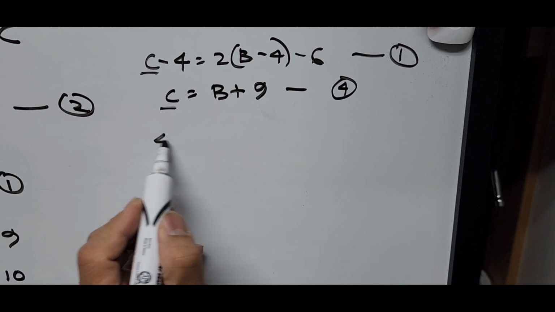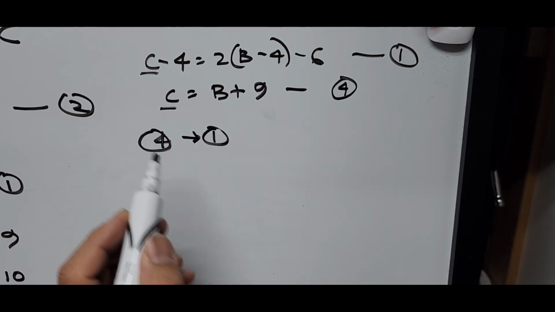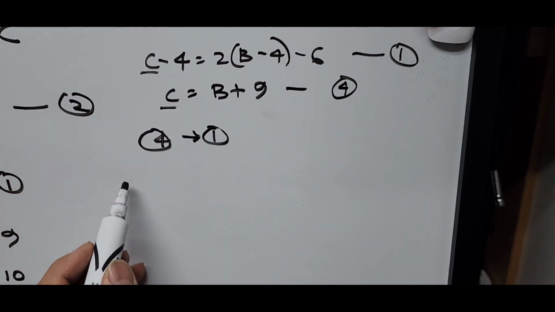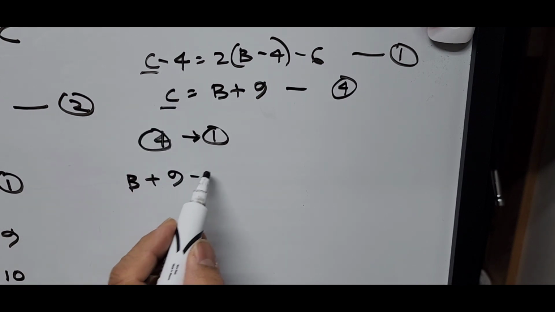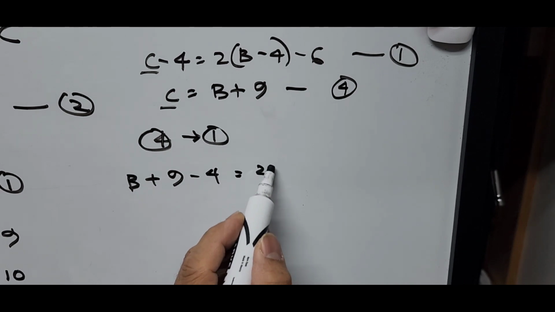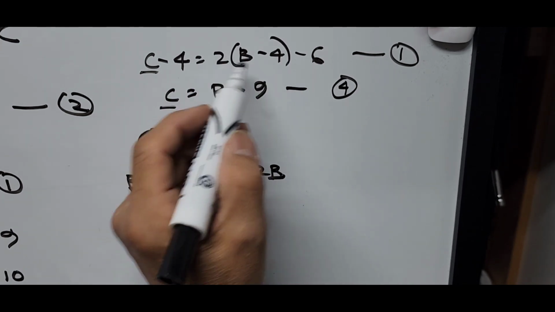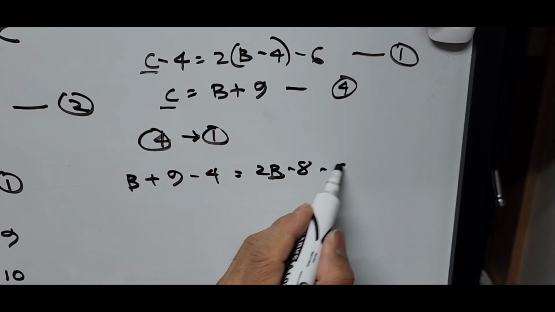So C here is this value, so that is now B plus 9, minus 4, equals 2 times B, that's 2B, times 2 times negative 4 is negative 8, and minus 6.